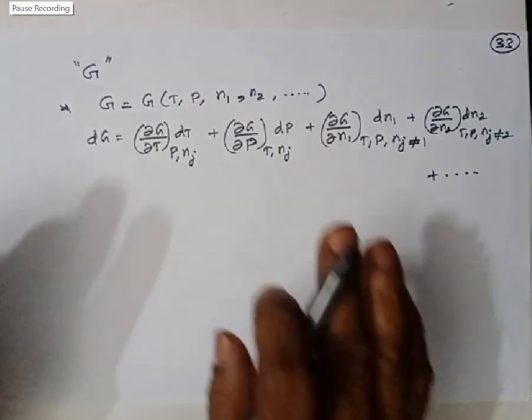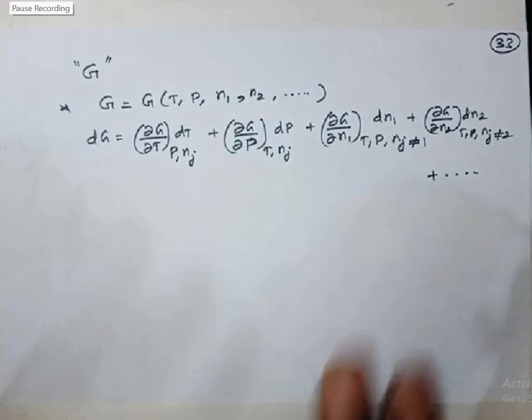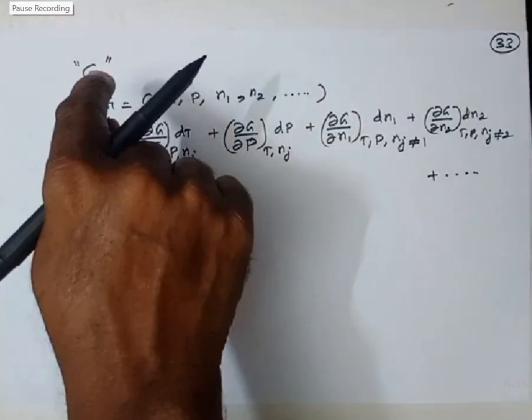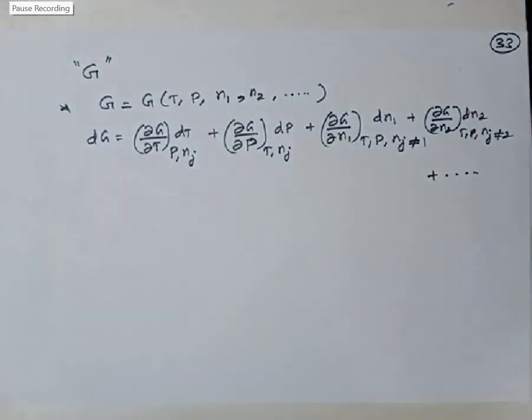Take note, I am writing the same expression for the extensive property G now. Gibbs free energy is an extensive property.